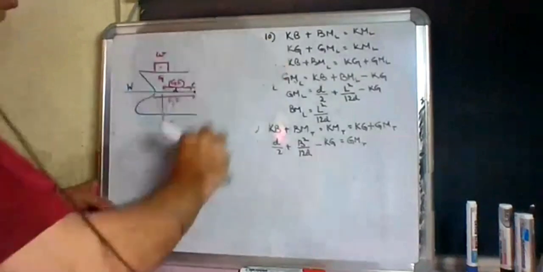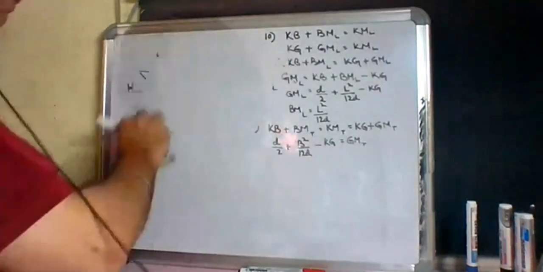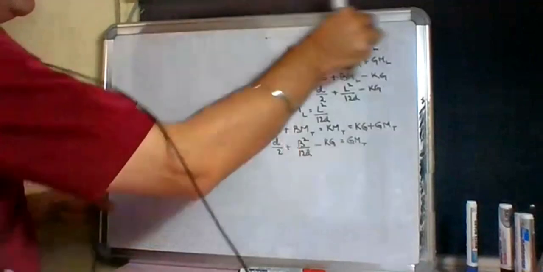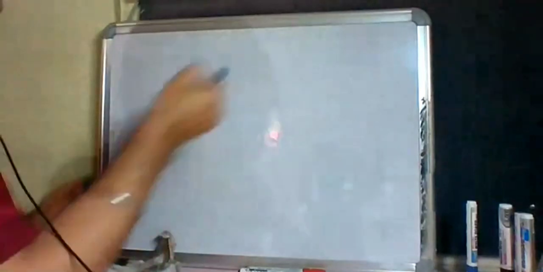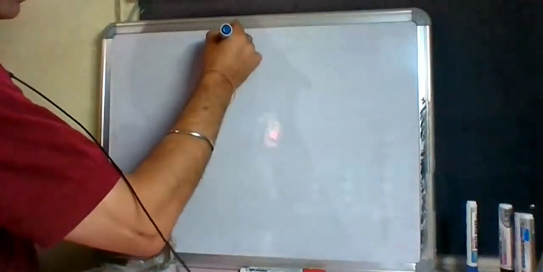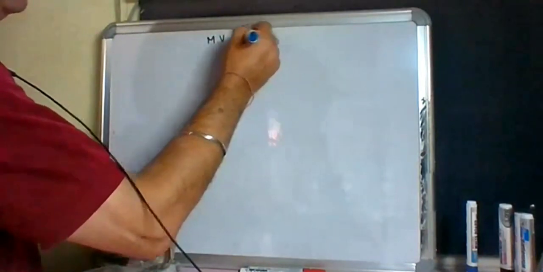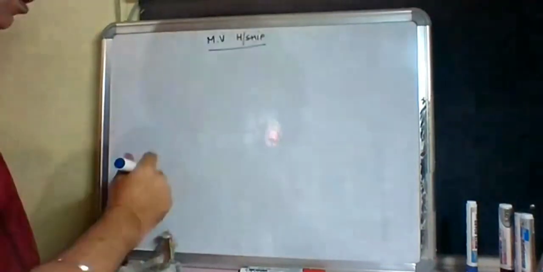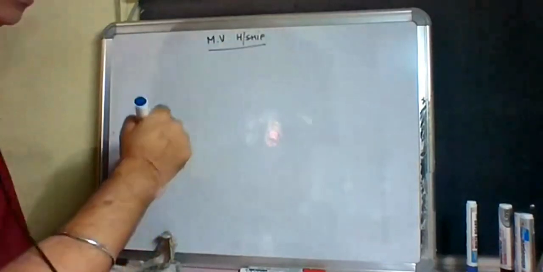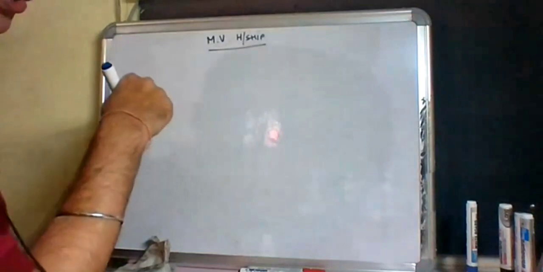Same thing if you are given MV Hinship. Then how do you handle it? Now the data will keep changing and you've got hydrostatic particulars with you. So data changes now. Data is not constant.